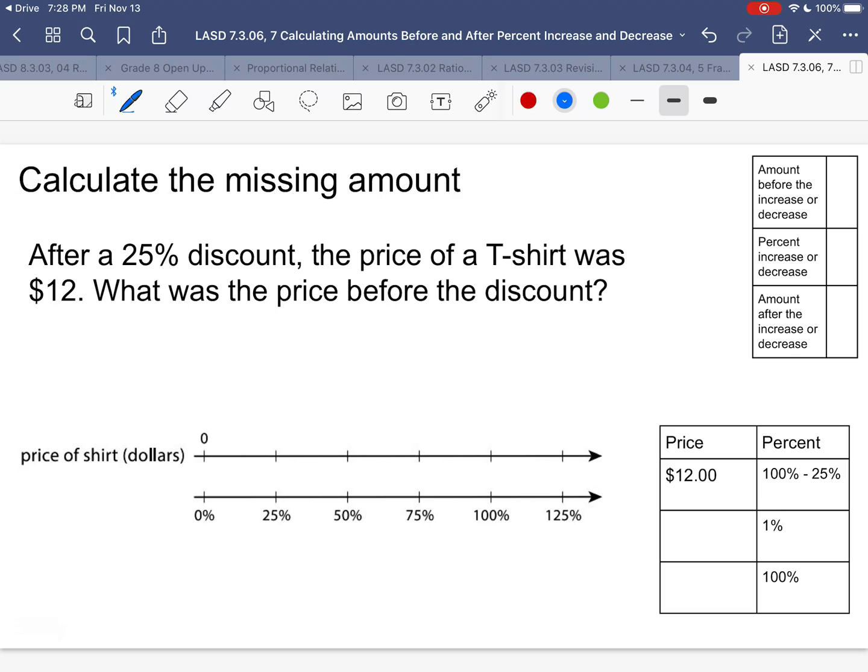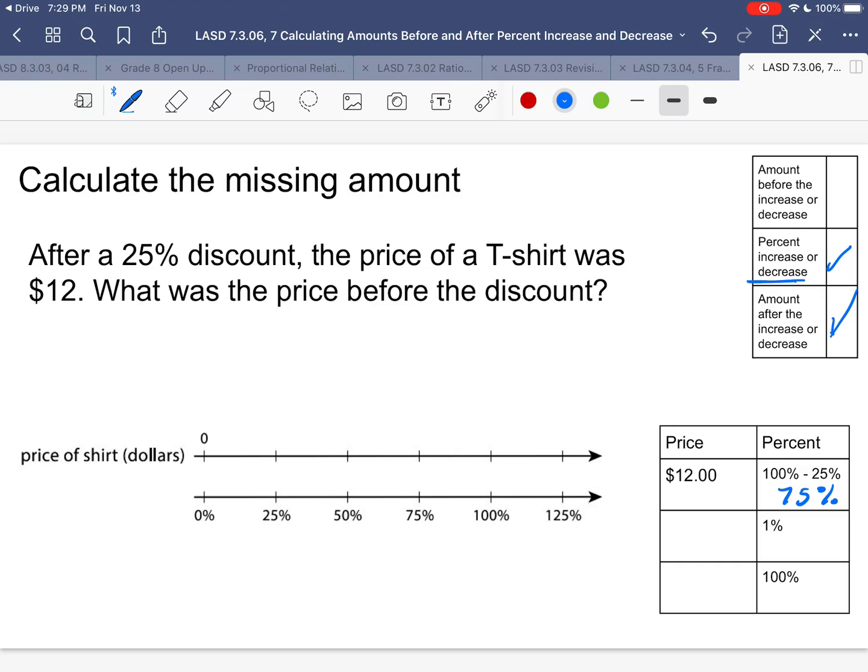Here we're calculating the missing amount after a 25% discount, so it's a percent decrease. The amount was $12 afterwards, so we need to find the amount before, and let's use the ratio table here. So $12 represents the amount after the discount, and the discount was 25%, so that was 75%.